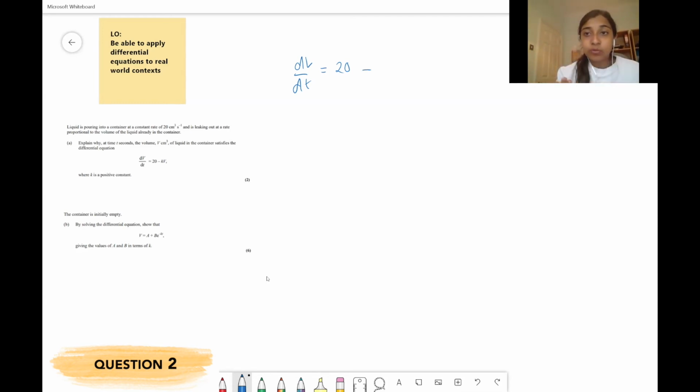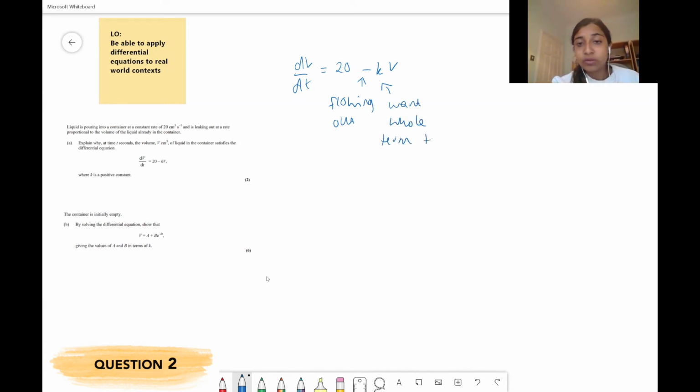And then because it's proportional, proportionality is always constant, so it's just kV. So this negative sign here is because it's flowing out. But then k is a positive constant because you want this whole term to be negative. So if your k was negative, then it would be plus kV, not minus kV. So that's the answer to part A.